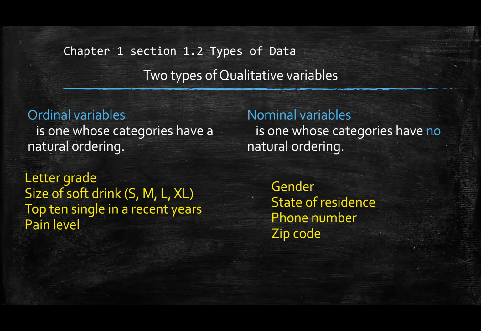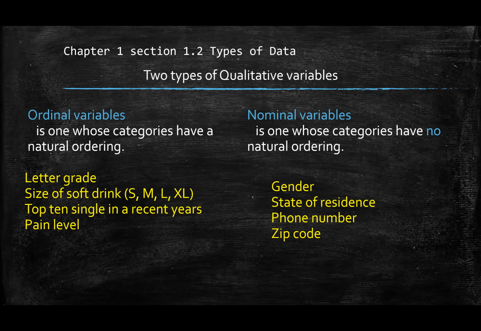So you cannot put zip codes in order, and that's why it's nominal. Basically, if there's some ranking involved, then it's ordinal, meaning the ranking is important. If ranking is not involved, then it's nominal, meaning you cannot put them in any order.